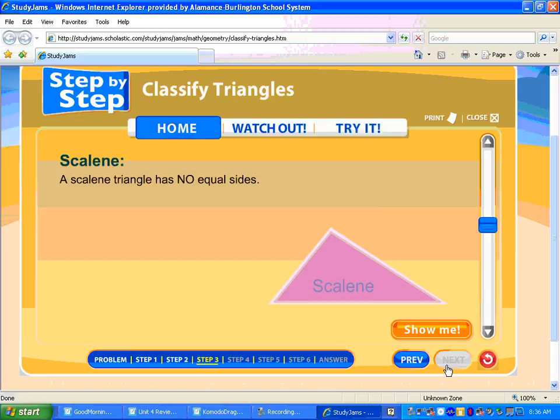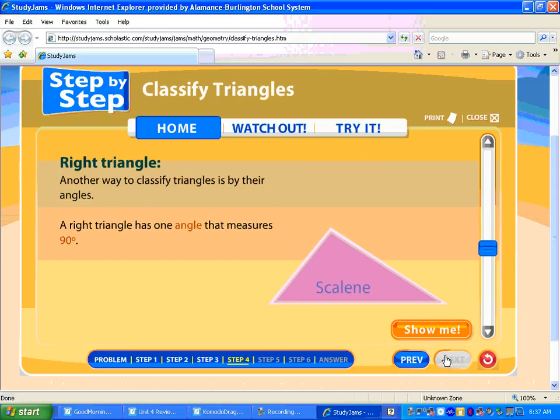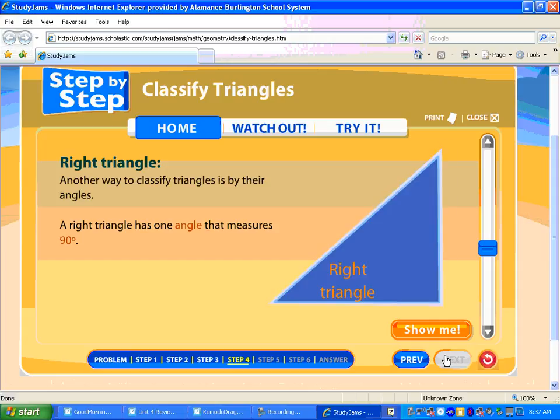The scalene triangle has no equal sides. Since scalene triangles have three unequal sides, they're also sometimes called irregular, and its three angles are unequal too. Another way to classify triangles is by their angles. Let's start with a right triangle.